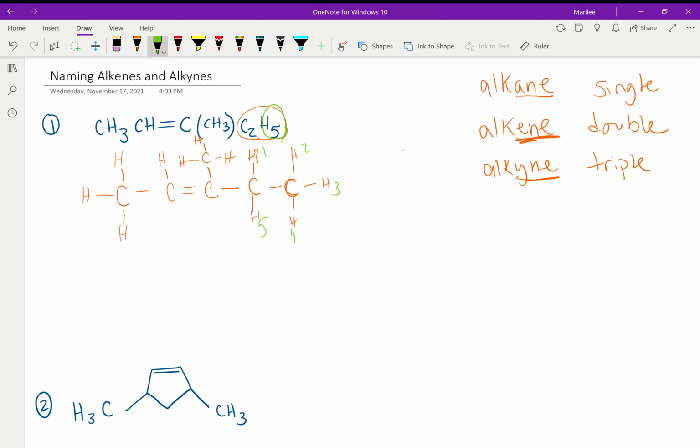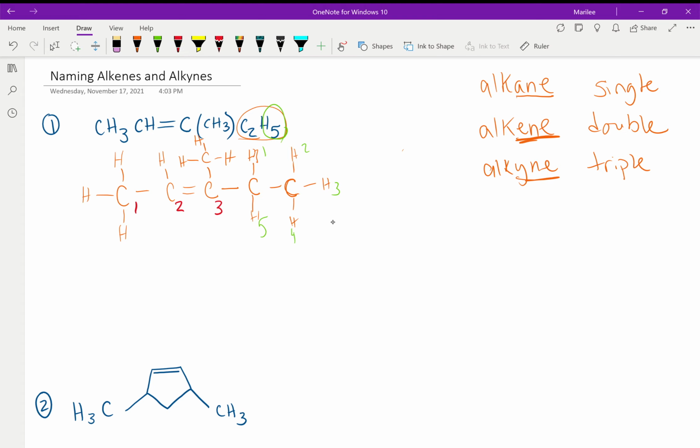So next we have to number our carbon chain, and we have to get the most number of carbons present. So we will have carbon 1 here, 2, 3. So where's carbon 4? Carbon 4 will not be here because that will be the end of our chain.